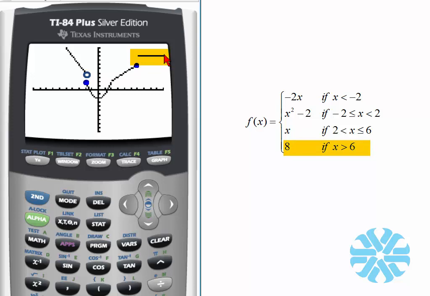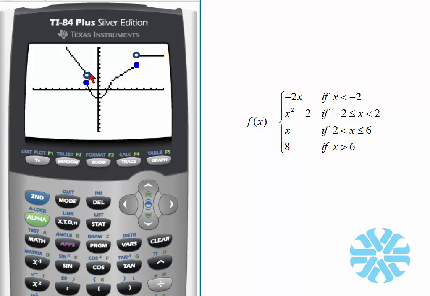So the restriction on this is if x is greater than 6. So again, here's 6, x greater than 6. So all the values to the right are greater than 6, but it doesn't include 6. So this here should be an open circle or an open dot right there.